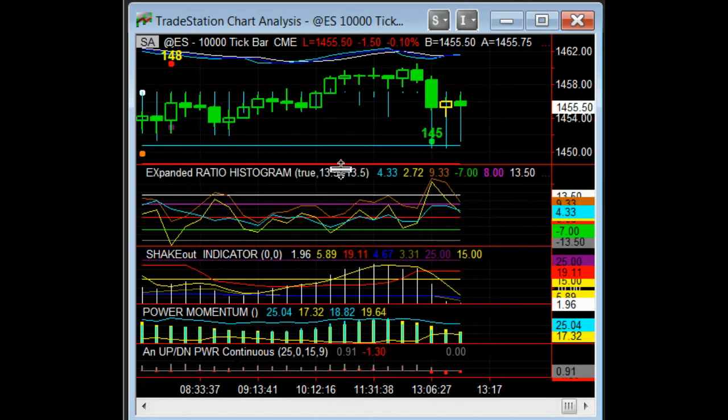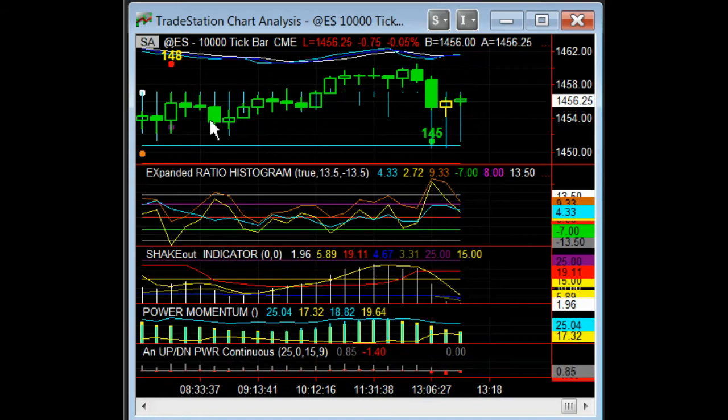In some cases it will be incredibly slow, because there isn't enough volume taking place to create bars on a tick. In some of those low liquidity stocks, you could go 45 minutes, an hour, hour and a half before you even make one of these bars. So the signals become that much more significant when those do happen.